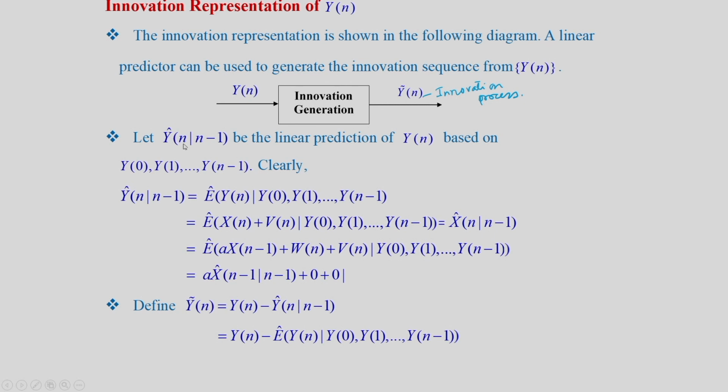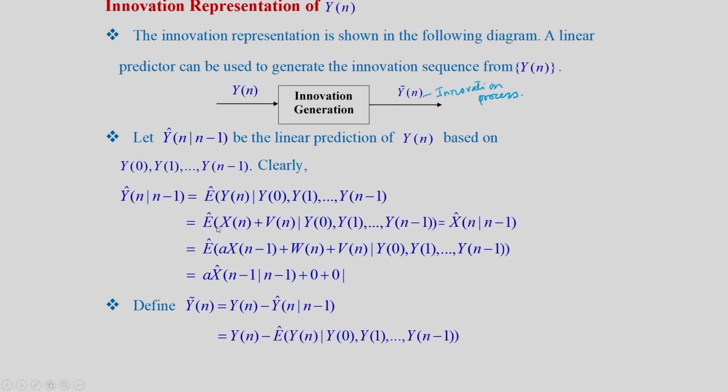Let y hat n given n minus 1 be the linear prediction of yn based on all past data, that is y0, y1 up to yn minus 1. Clearly, y hat n given n minus 1 is equal to the LMMSE estimation of yn given y0, y1 up to yn minus 1.